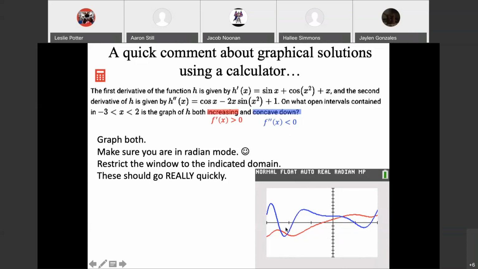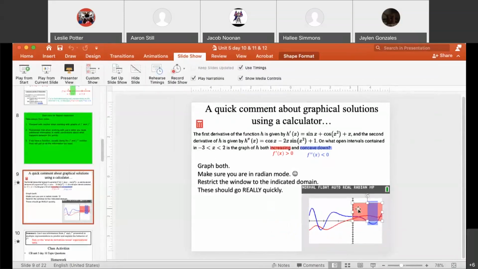So if the red curve is my derivative, my positive values are here, above the axis. So my positive values are up here in quadrants 1 and 2. Actually, I probably could have even taken this rectangle. I'm going to take that rectangle because really those positive derivative values go all the way back to here. Does that make sense?